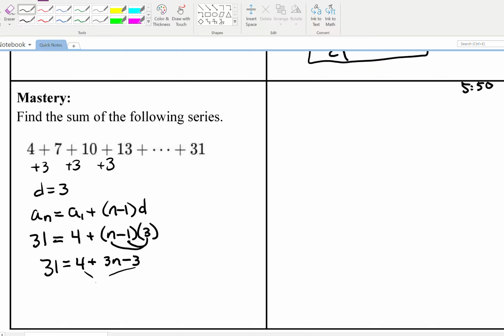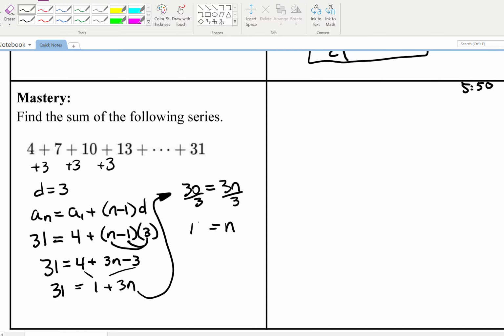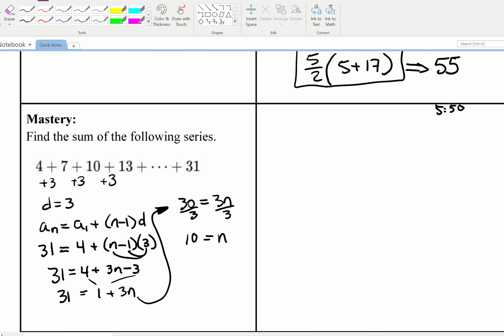These two combined would give us 1 plus 3n. If I subtract 1 from both sides, I get 30 is equal to 3n. Then dividing both sides by 3, n equals 10. And now I know what n is.